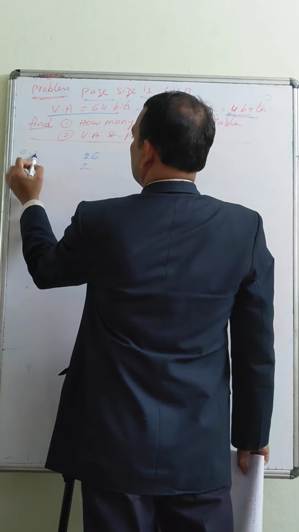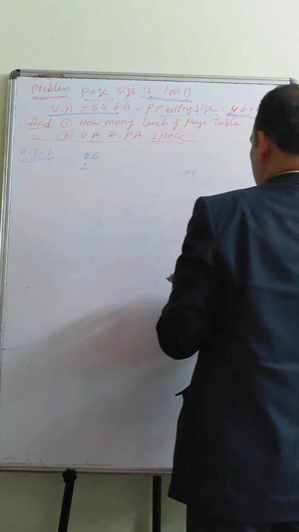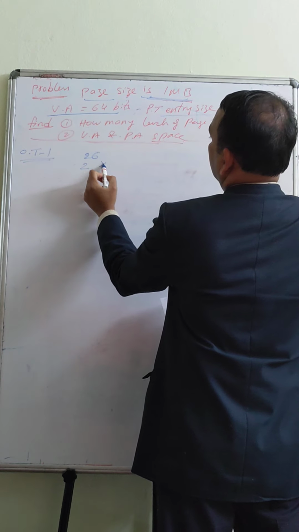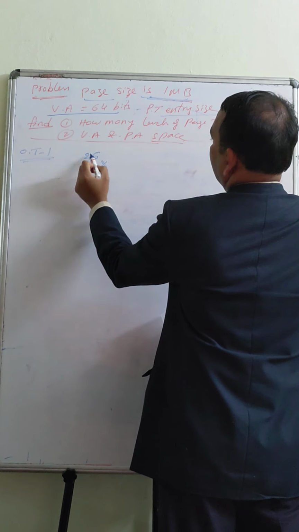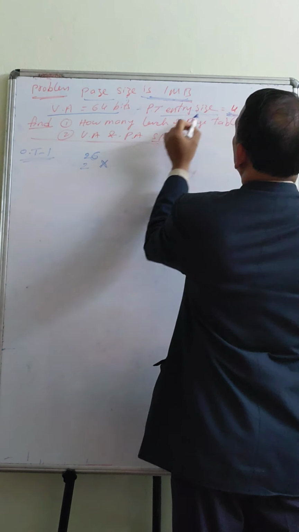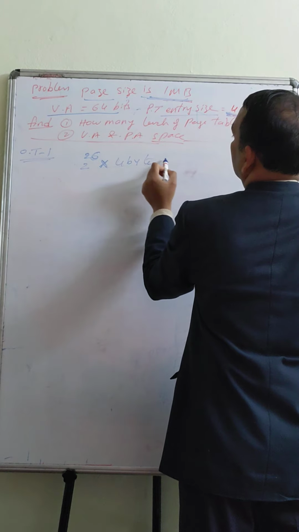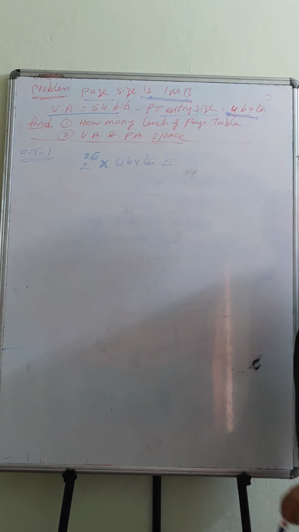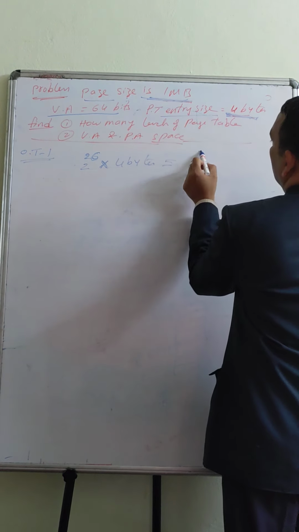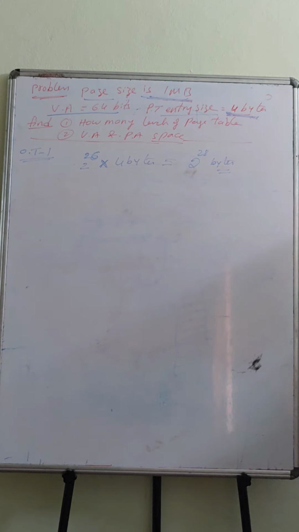Here 2 power 26 entries are there in the outer page table, and each entry stores 4 bytes, which is already given. If you calculate this, 2 power 28 bytes is the outer page table size.